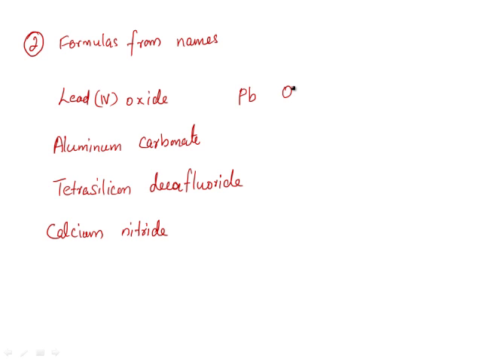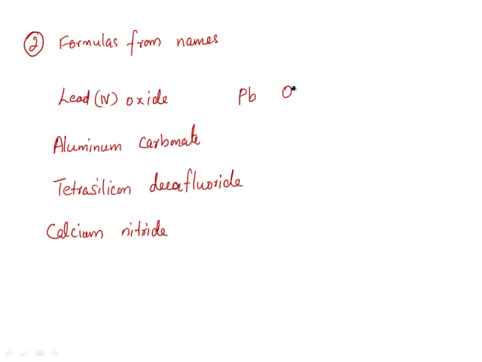Group 3 has 3 plus. And group 4 we don't consider for the charges. They are special, and I haven't given you any examples which involve group 4 in ionic formulas. And group 5, nitrogen, now we are going in the opposite direction but negative. So 3 minus, then group 6 2 minus, group 7 1 minus, and group 8 is 0, or in other words noble gases, they don't form ions. So we have to remember that for the monoatomic ions.